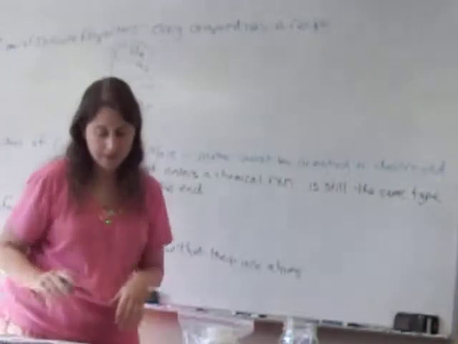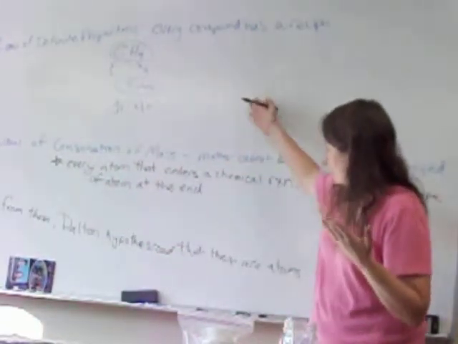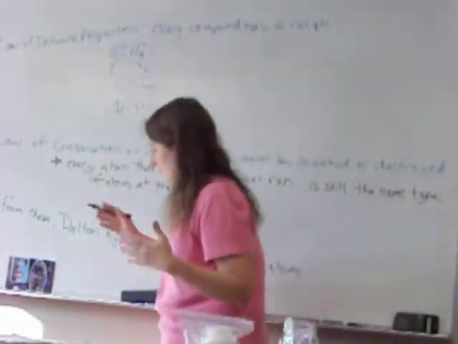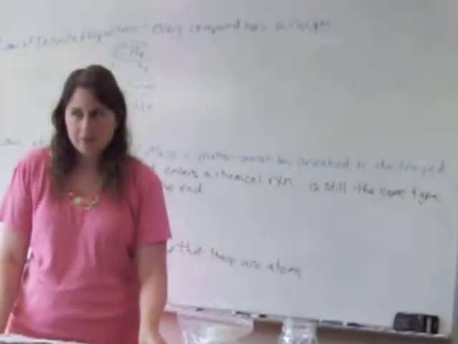Maybe there is a smallest piece of matter. And that's an atom. It's important for the test that you know that these two laws are the driving force behind Dalton's theory that there are atoms.